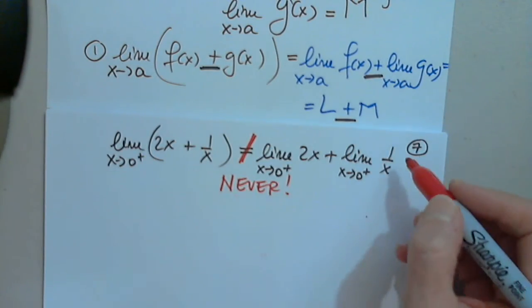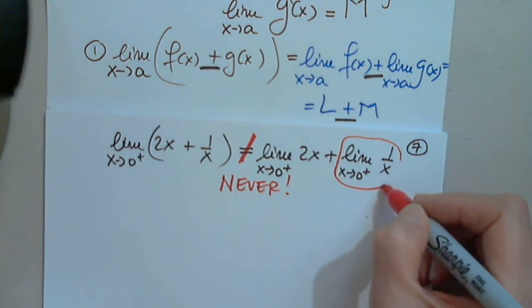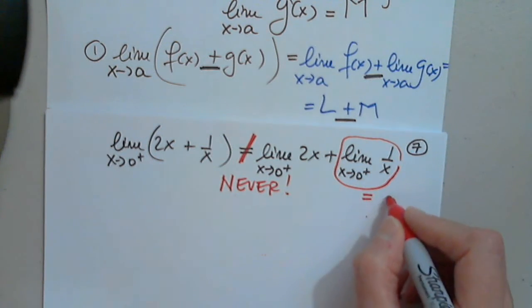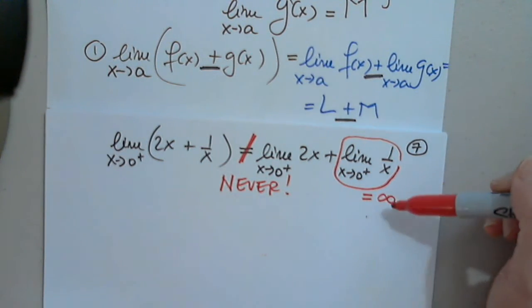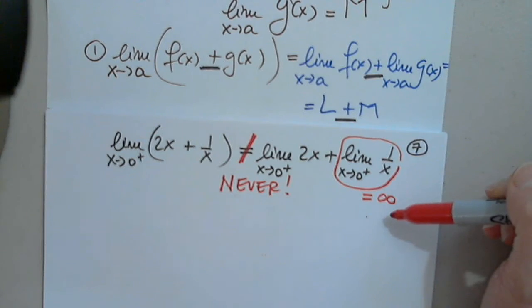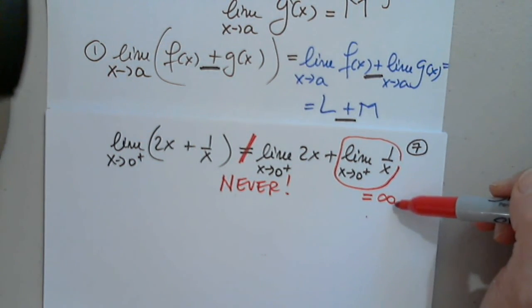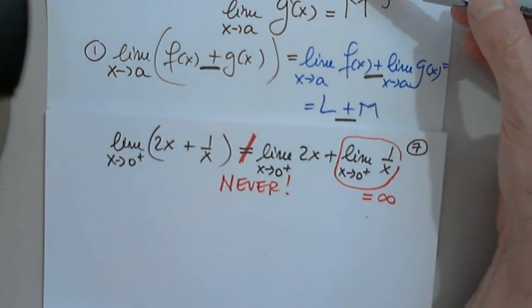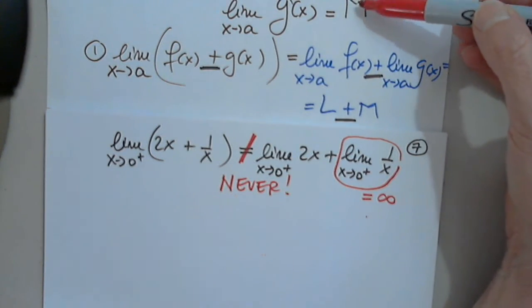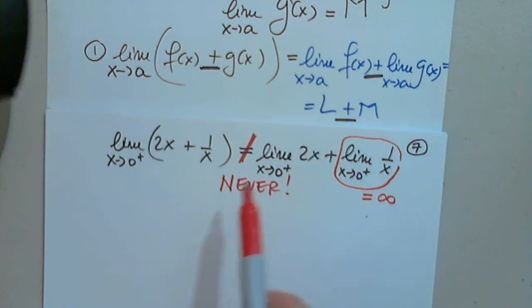The limit of 1 over x does not exist. It exists, it is positive infinity, but it's DNE. You're right. I will not say it's DNE, I will have to say infinity. But as long as either one or both are not numbers, the limit law is not applicable.